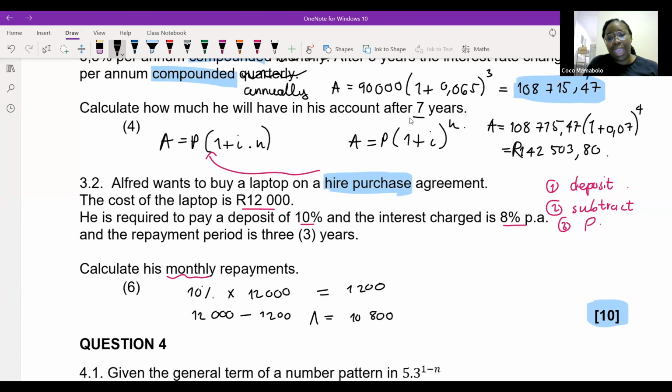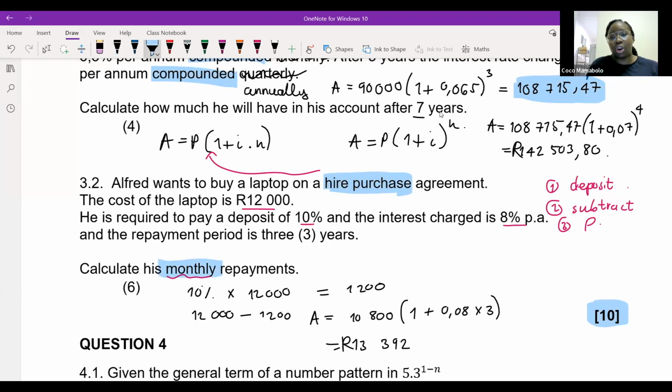So A is equal to 10,800, open brackets, 1 plus our interest rate, which is 8%, so 0.08 times 3. Put that into a calculator and we get 13,392 Rand.